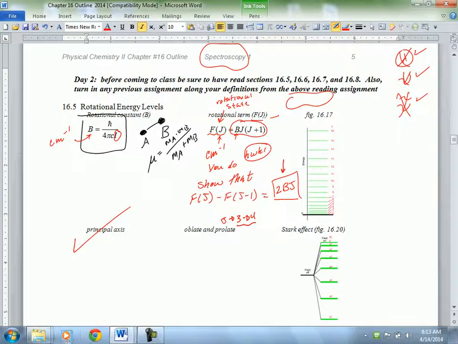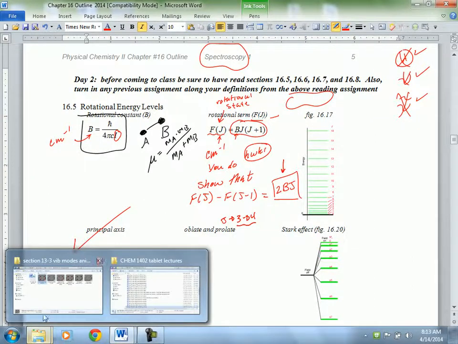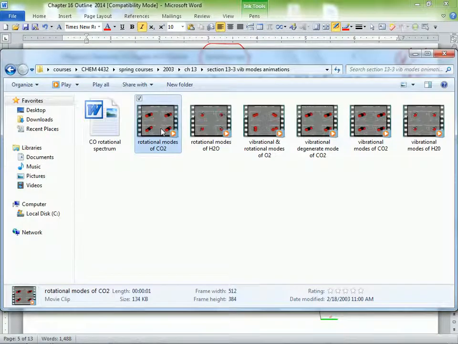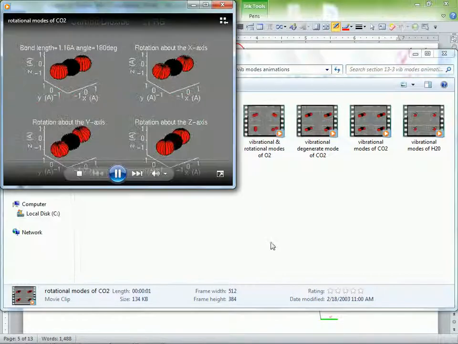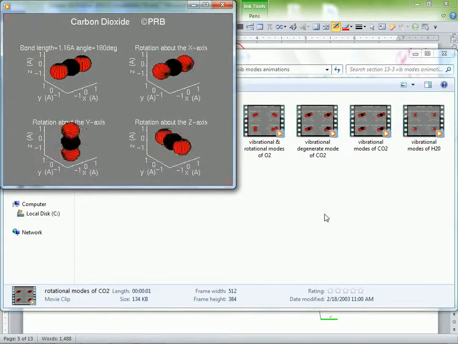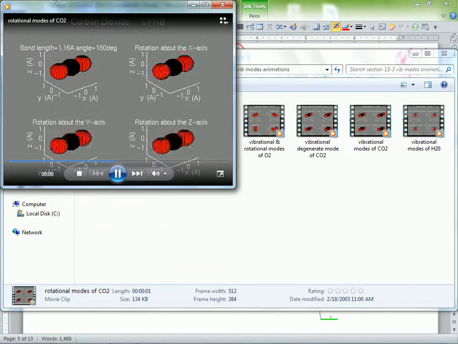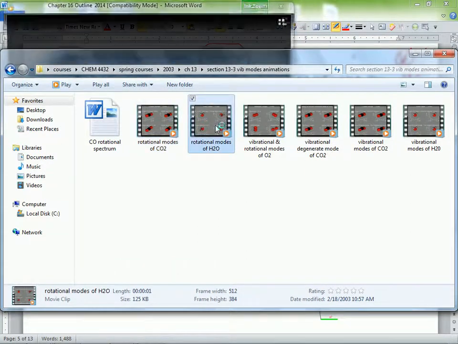I wanted to show you some rotational modes and stuff, just to remind you of what we're talking about. So we're talking about this sort of thing, right? Like here's carbon dioxide. Its rotational modes, okay? Microwaves, right?